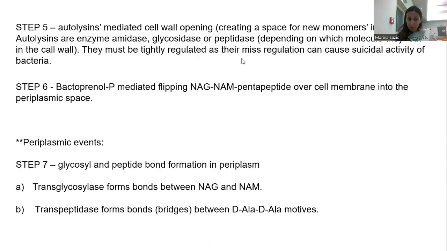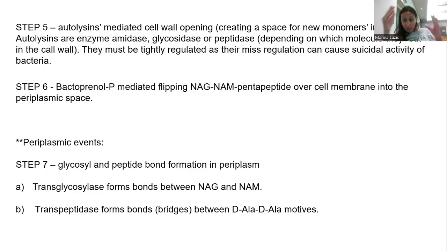Autolysins are enzymes, amidases, glucosidases, or peptidases. They're breaking chemical bonds in the cell wall to make space so new monomers can be inserted. And autolysins have to be tightly regulated, because if they are not, they can cause literally suicidal activity of the cell.